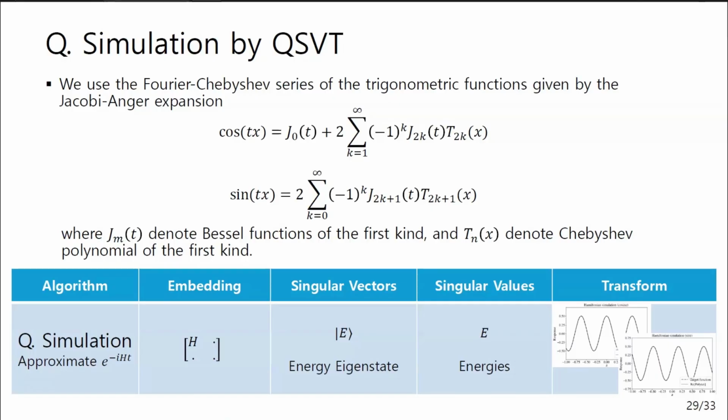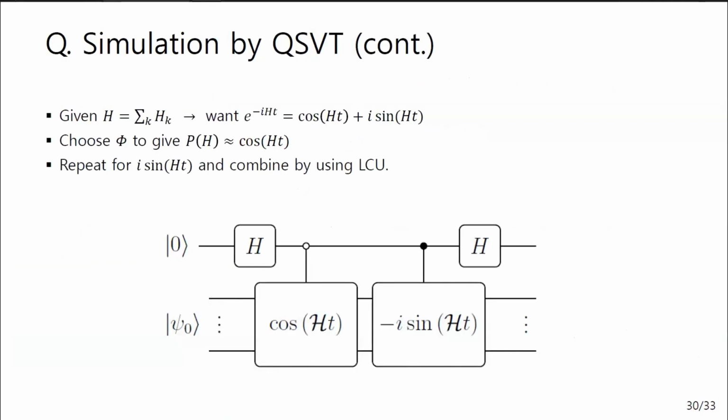We can truncate it because in a real situation, we cannot apply an infinite order. And we can combine this cosine and sine function by using the concept of LCU, like this. Then we can get exponential minus i Hamiltonian t.